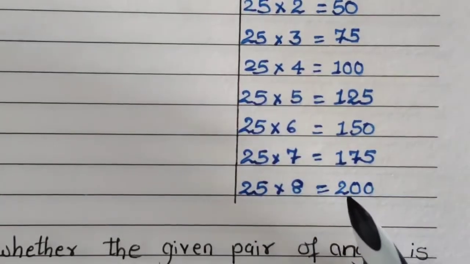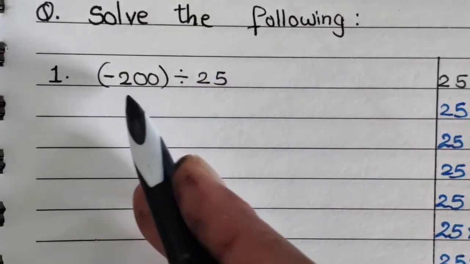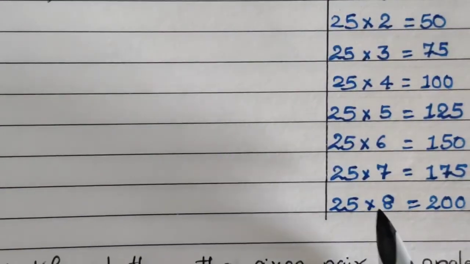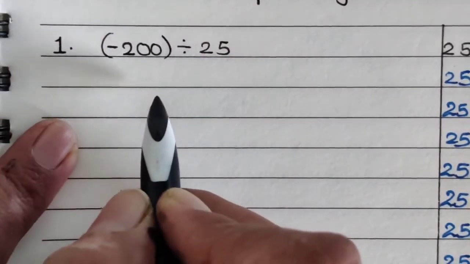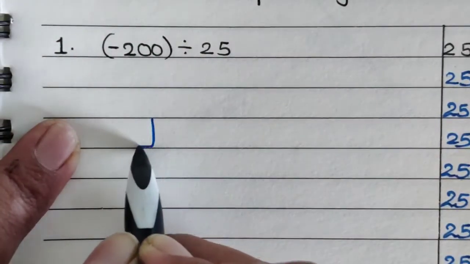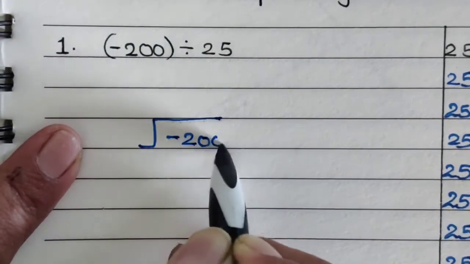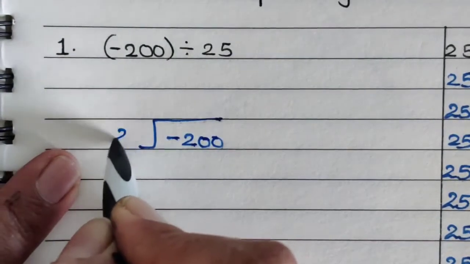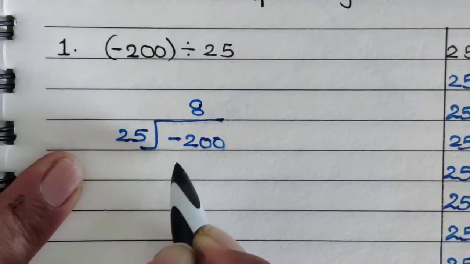Now as you could see, we need 200 here for our division, and we got 200 in 25 eights are 200. So let us do the division now. This is minus 200, and we have to divide by 25. 25 eights are correct, 200.